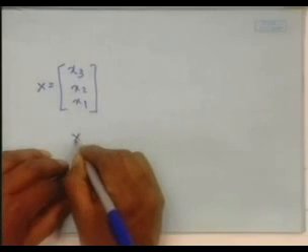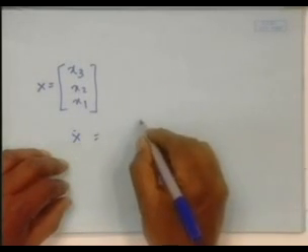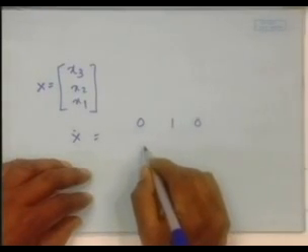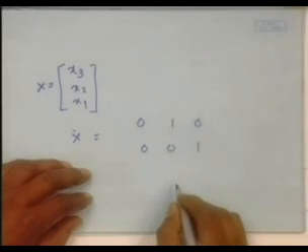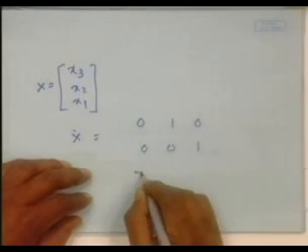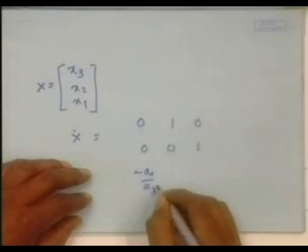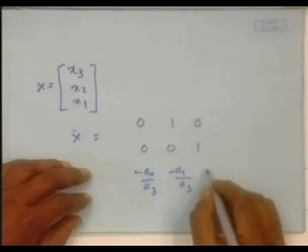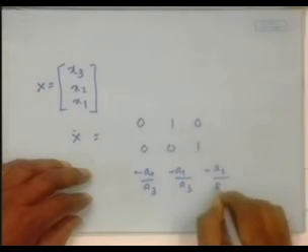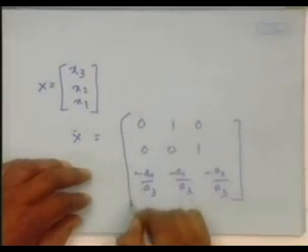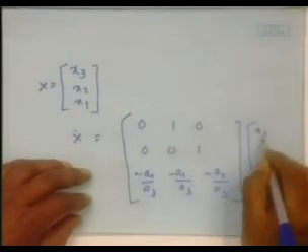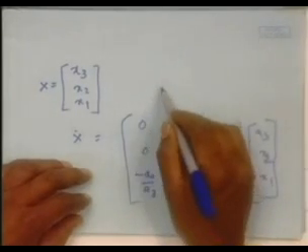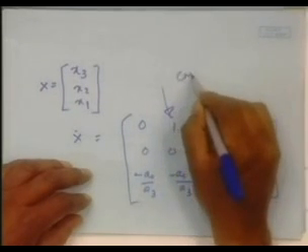So this will turn out to be x dot is equal to the matrix with rows 0, 1, 0; then 0, 0, 1; then minus a0 by a3, minus a1 by a3, minus a2 by a3, times x3, x2 and x1. This kind of matrix is known as a companion matrix.